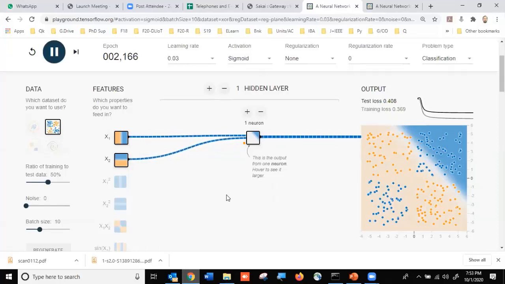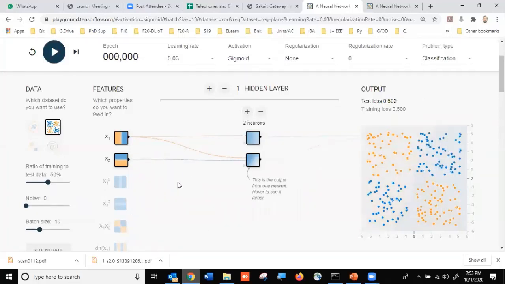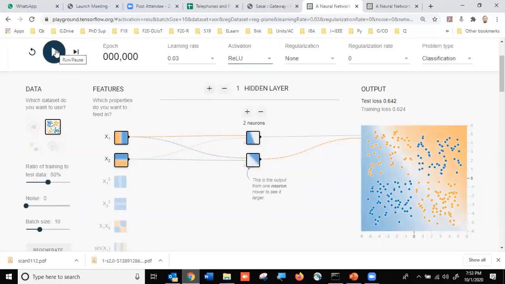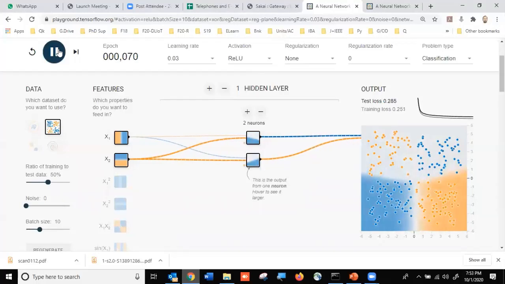Let's try to add another neuron and see if that helps. So I'm going to add another neuron. And again, let's regenerate the data and start it off again. And I'm going to go back to ReLU. Okay, here we go. Now a few things to note over here.